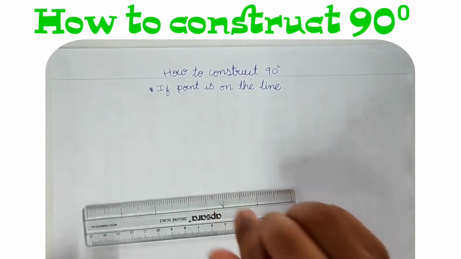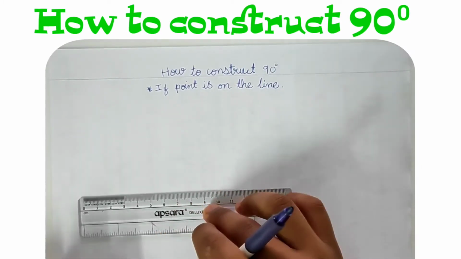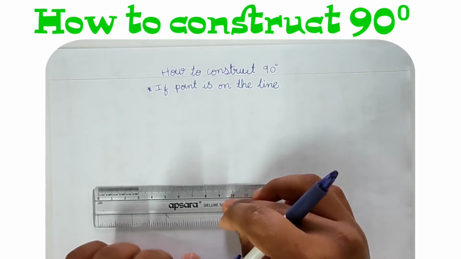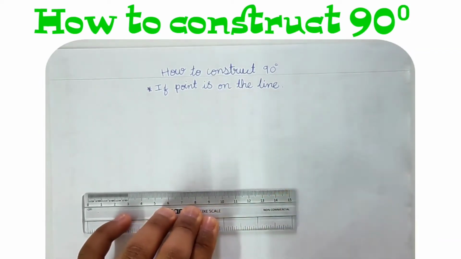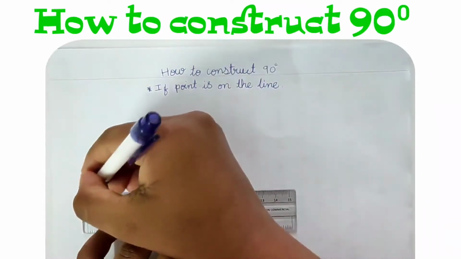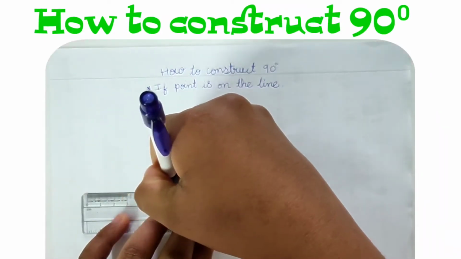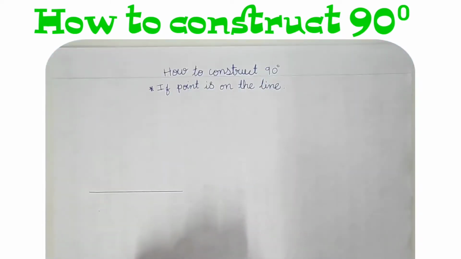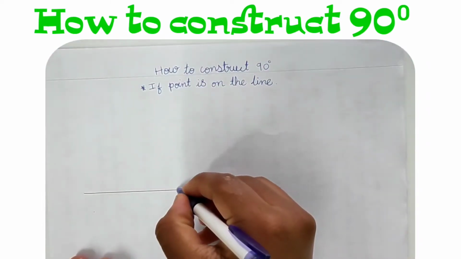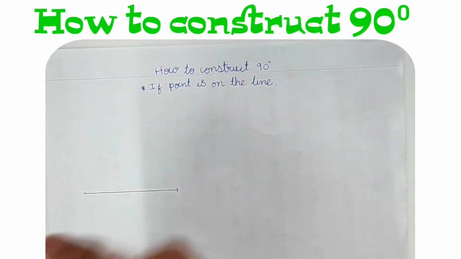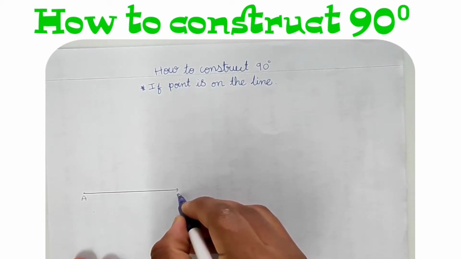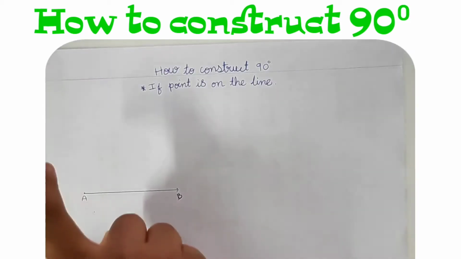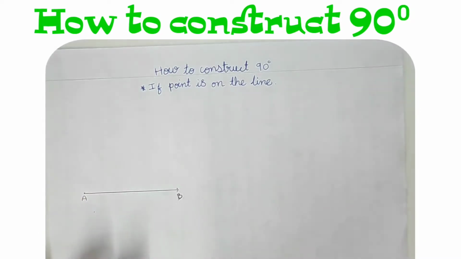Draw a line with any measurement. Name them as A and B. From point A, we have to construct.